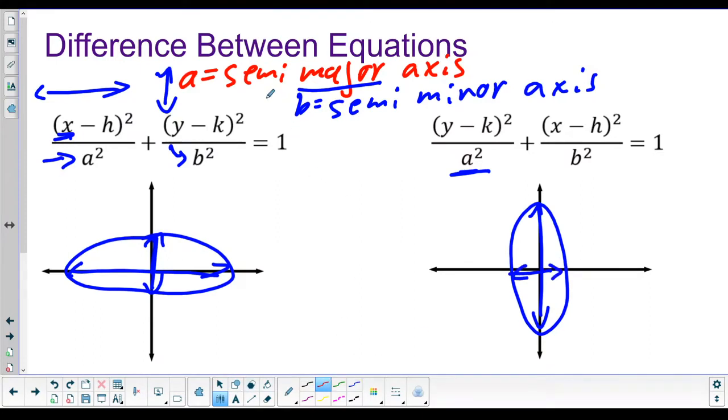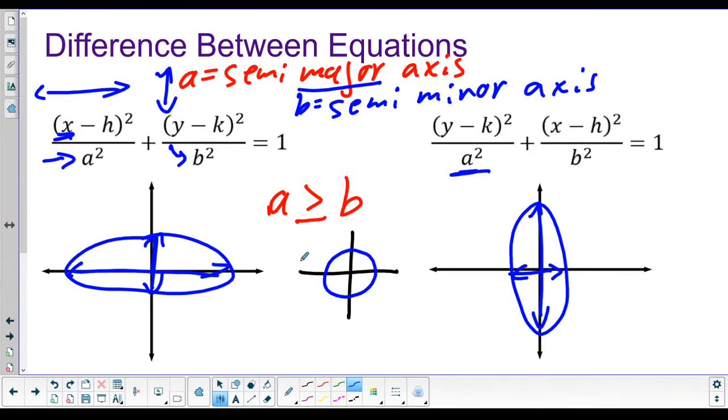So something you want to know, A is always greater than or equal to B, because if it's the longer axis, the radius has to be bigger. If they're the same, that's actually kind of a special case. If A equals B, then your two axes are the same width, and then you get a circle.